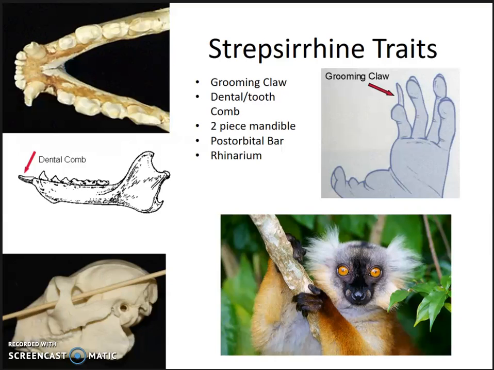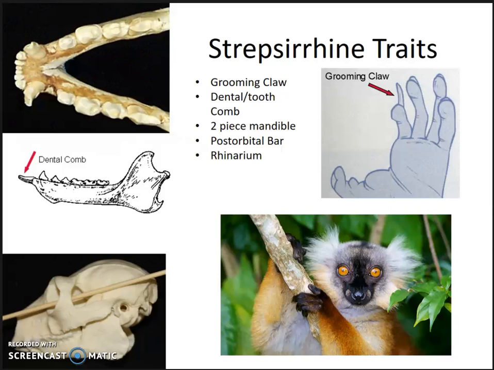If it doesn't have those traits, if it doesn't have the grooming claw, doesn't have the dental comb, has a single piece mandible, has the enclosed socket instead of the postorbital bar, and doesn't have a rhinarium, then we know it's a haplorhine. Now, keep in mind that that rhinarium is only going to be visible in the soft tissue, because they've got that wet nose versus the dry nose that we have.